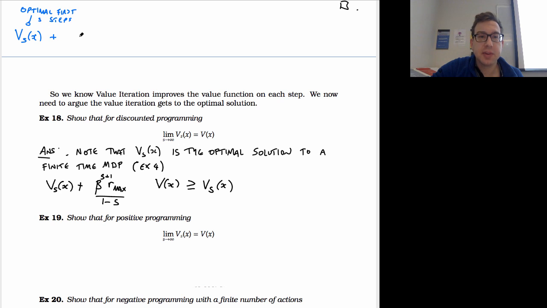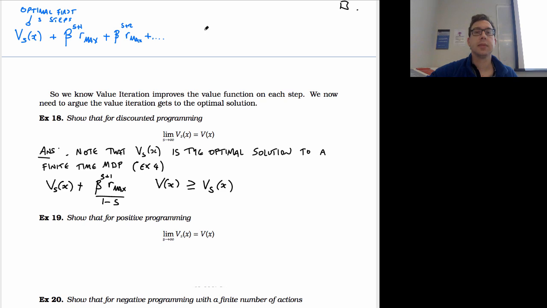And then I get the maximum reward at the next time step. I'd have a beta to the S here. And then I get the maximum reward at the next time step and keep on getting the maximum reward.